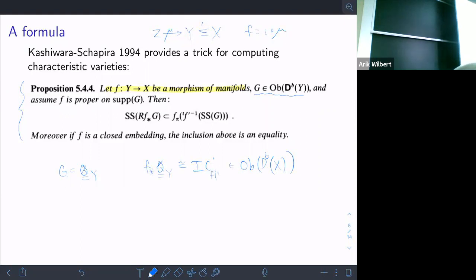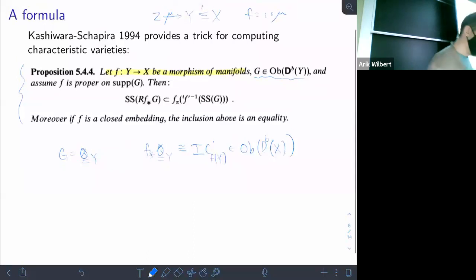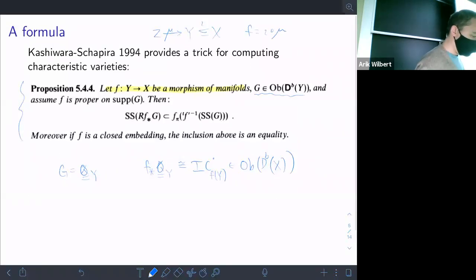Yeah, the image of Y. So at the very top there, this is the smooth space. X is still the flag variety, and Z is the Schubert closure.